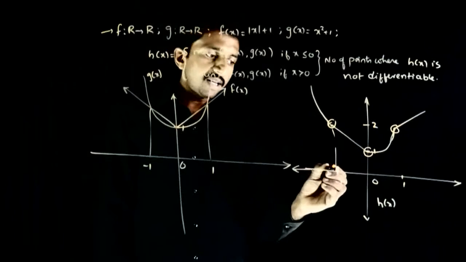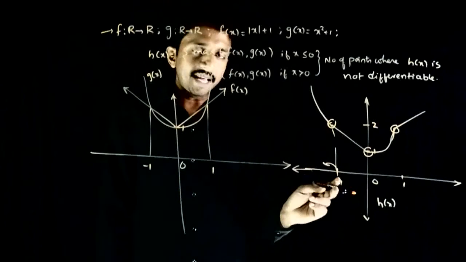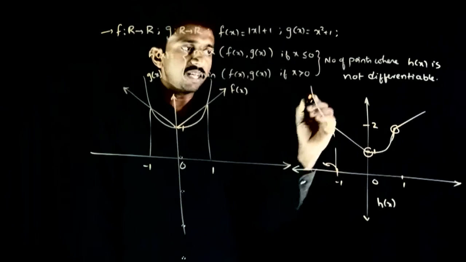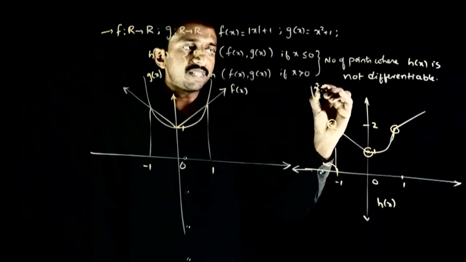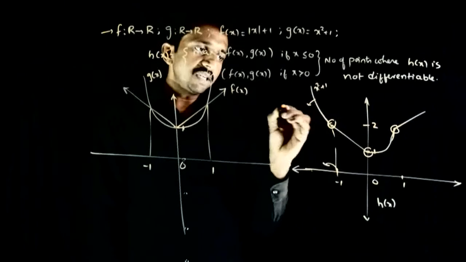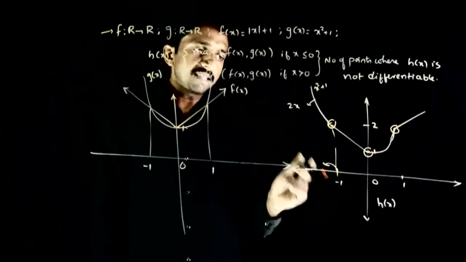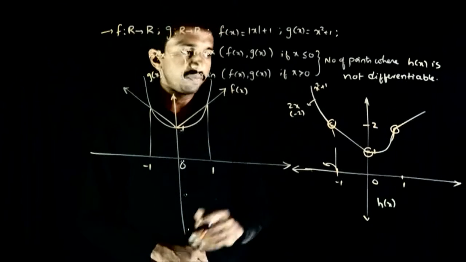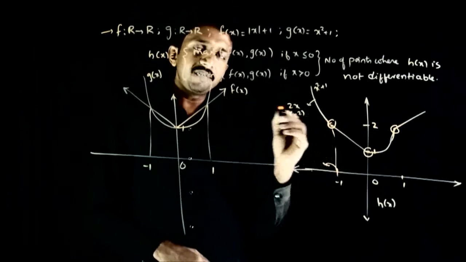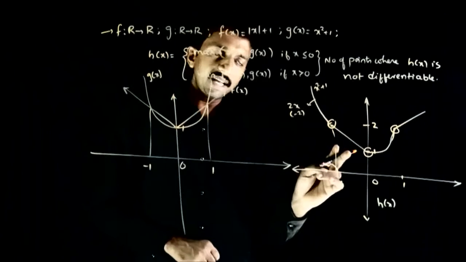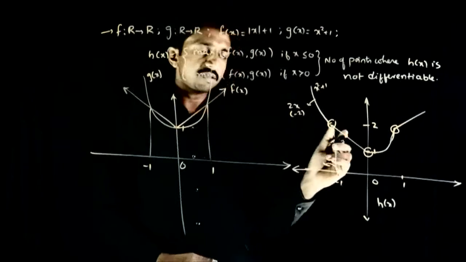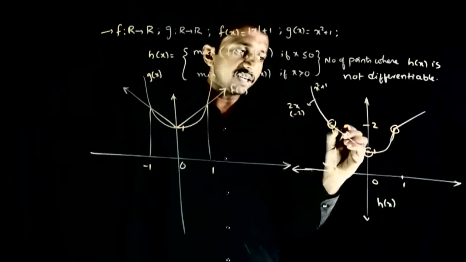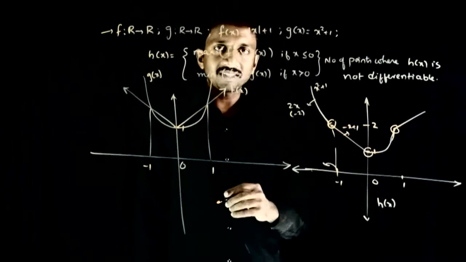So what is the left derivative at x is equal to -1? So x is equal to -1 पे the graph is x square plus 1. So differentiation जो है वो 2x होगा. x equal to -1 पे the value of differentiation is -2. इसका मतलब यहाँ left derivative is -2. Right derivative is this is mod x plus 1, that is minus x plus 1 when x is negative.